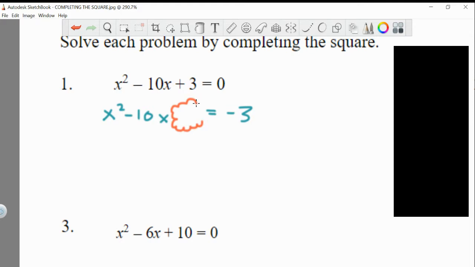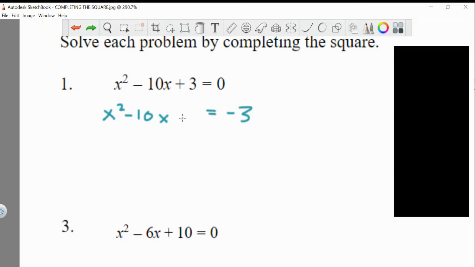I'm leaving a blank space right here because our whole strategy is we're going to need to put in the perfect number right here. We're going to have to crack the code, solve the pattern, and put a number right there. Now, what number goes here?